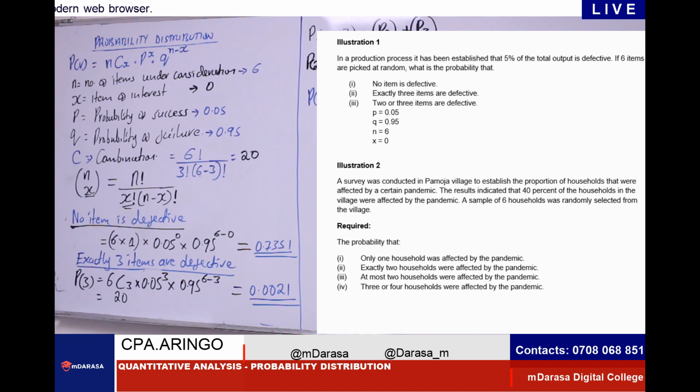We need to determine the probability that only one household was affected by the pandemic, exactly 2 households were affected, at most 2 households were affected, and 3 or 4 households were affected.